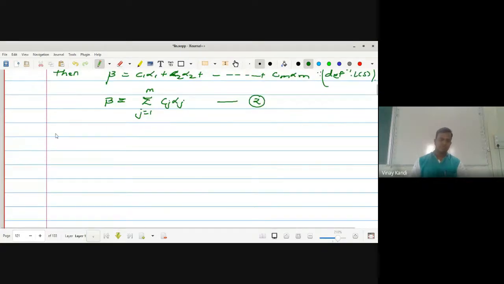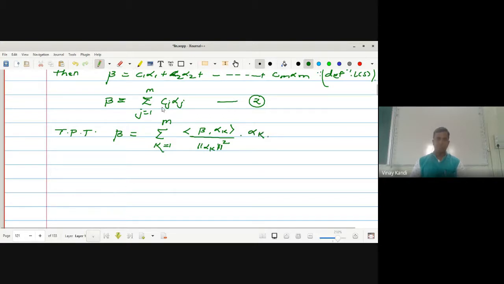Now what we have to prove is that beta is equal to summation k running from 1 to m of inner product of beta with alpha k divided by norm square of alpha k, into alpha k.